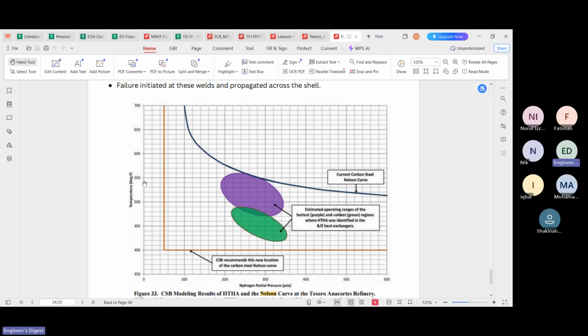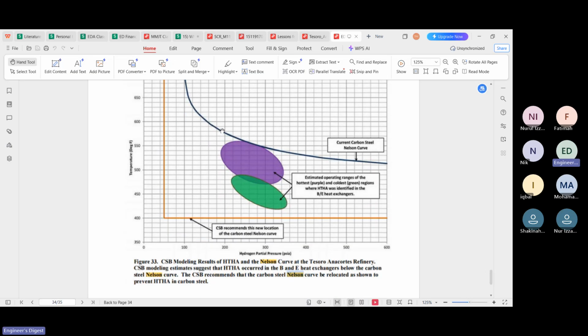So if we plot, let's say the dot is higher than this line, let's say around here, then we say that this material at this temperature with this hydrogen partial pressure is prone to HTHA. So we cannot use that material because it is prone to hydrogen attack.